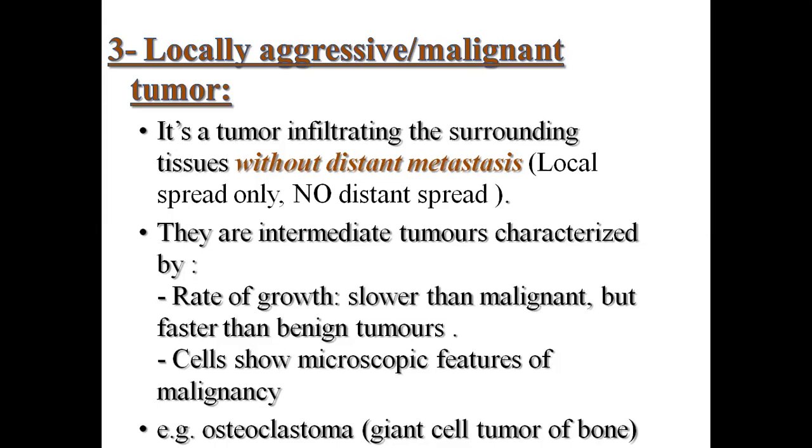We still haven't discussed bone tumors, but when I tell you there is a giant cell tumor of bone that is locally malignant or locally aggressive, you can tell me that this tumor will grow by invasion of the surrounding bone and muscles, right? And it has microscopic criteria of malignancy, and it is of intermediate rate of growth, and most probably does not send distant metastasis. Okay?